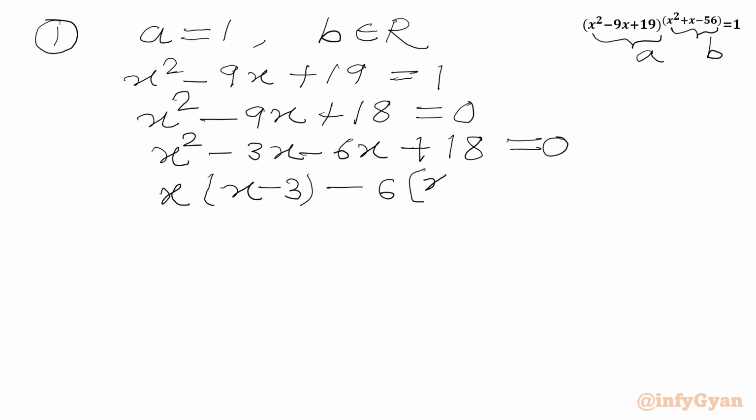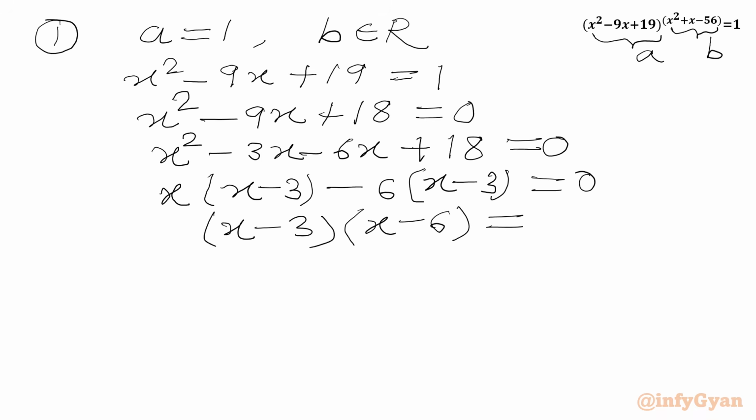So we will write here x minus 3 once again in the bracket equal to 0. So we have factorization x minus 3 times x minus 6 equal to 0. Now we will use product 0 rule. So we will write here x equal to 3, x equal to 6.